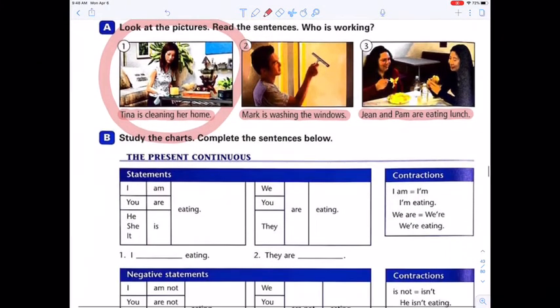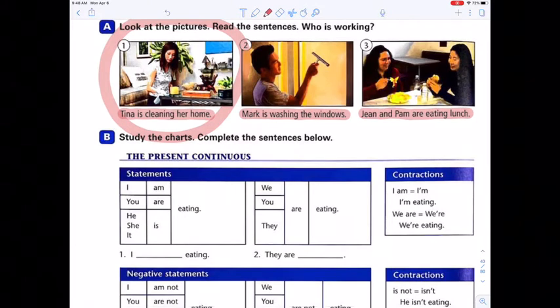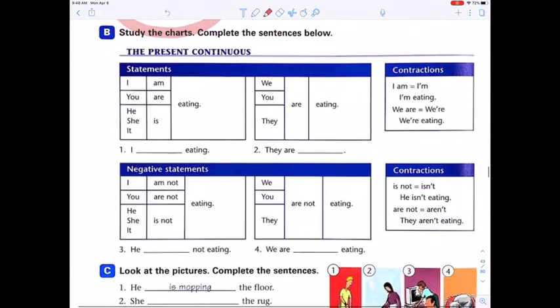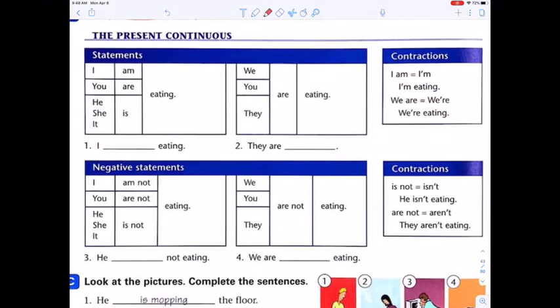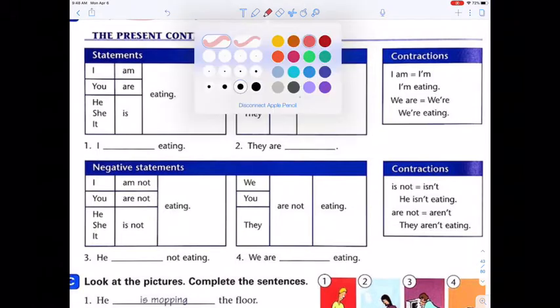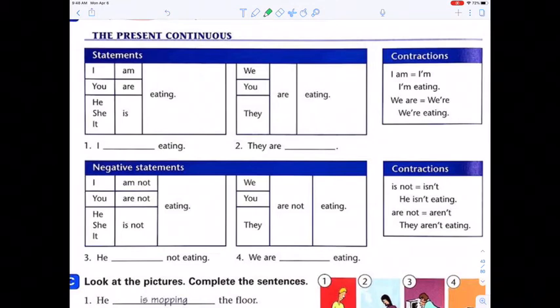Let's take a look. How do we make the present continuous? Well, we can make statements. We can make statements with I am eating. We can make statements with you. You are eating.